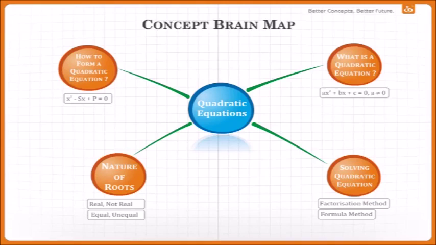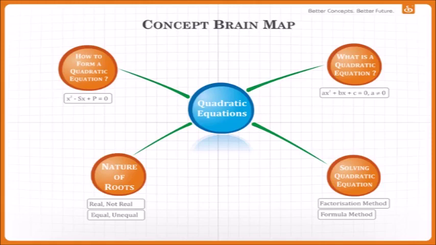Now how to solve by factorization method? That can be done by splitting the middle term, that is by trinomial factorization. Now how to solve the quadratic equation by formula method? We've seen the formula x is equal to minus b plus or minus root b square minus 4ac upon 2a. Next is how to form a quadratic equation.